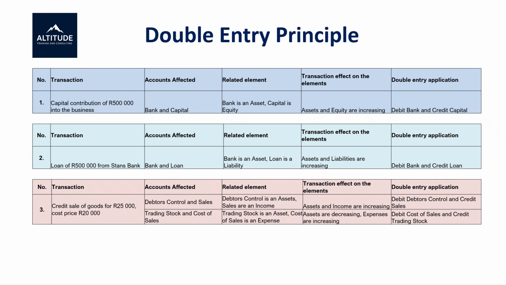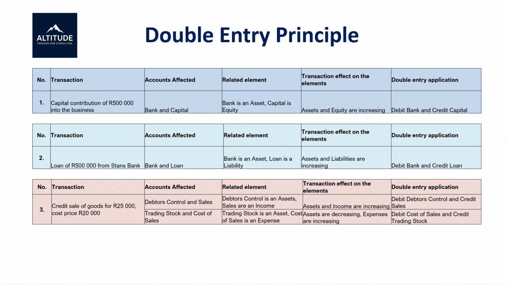The second leg of the transaction is that the affected accounts are the trading stock and cost of sales. The related elements: trading stock is an asset, cost of sales is an expense. The effect of this transaction on the elements of financial statements is that assets are decreasing, which is the decrease in your trading stock, and expenses are increasing, which is the increase in your cost of sales.